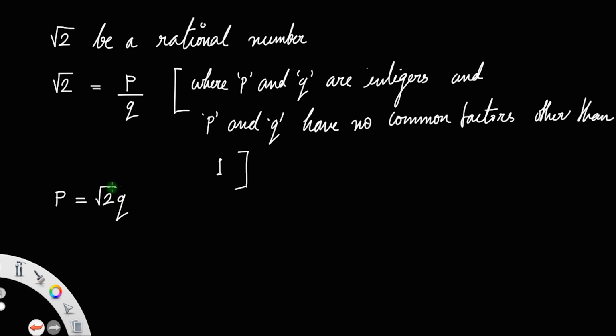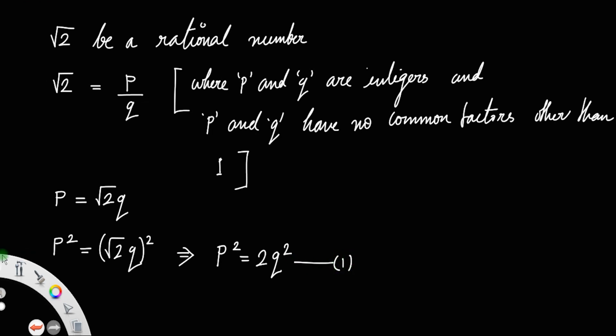If you square the equation on both sides, you get p square is equal to root 2 q whole square. Then you will get p square equal to 2 q square. Call this equation number 1.